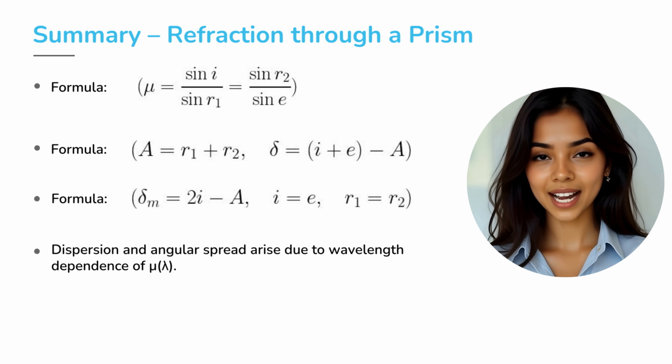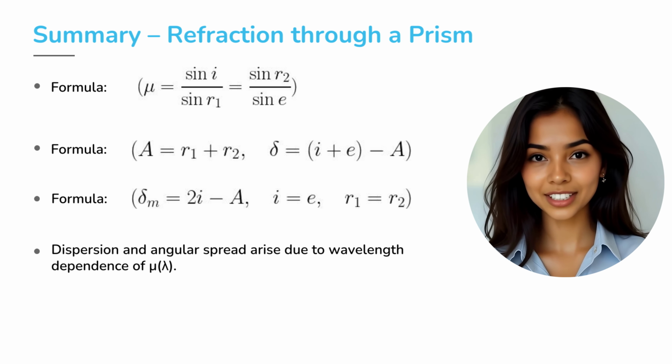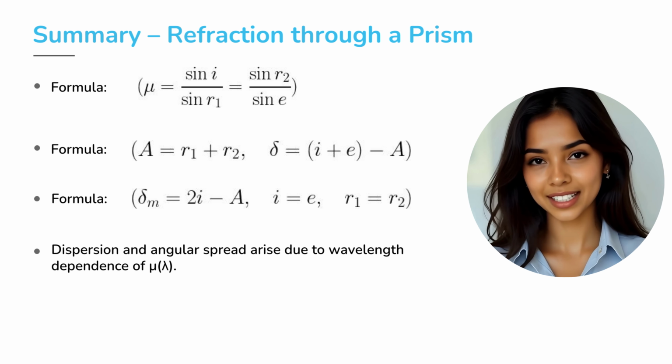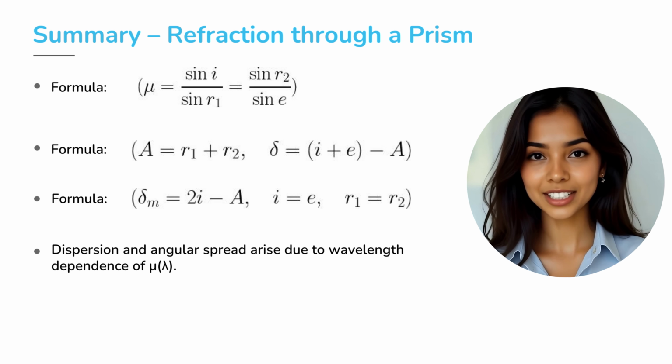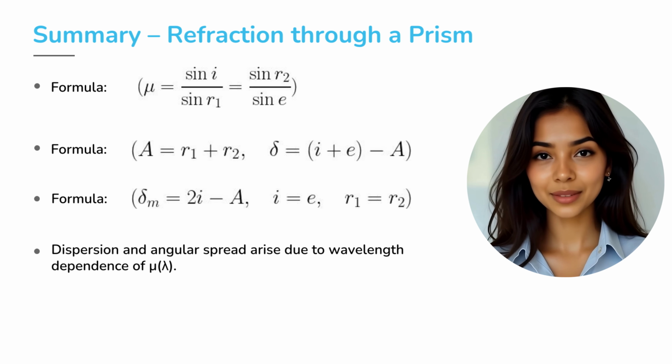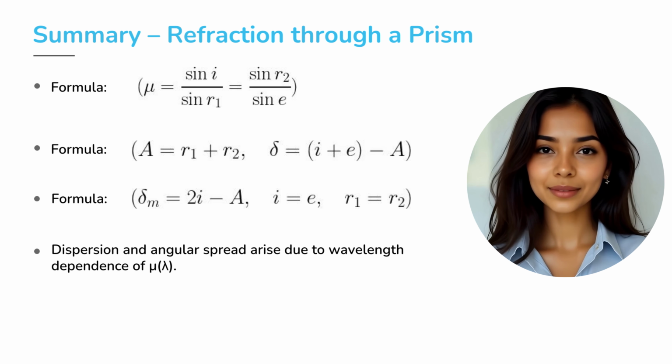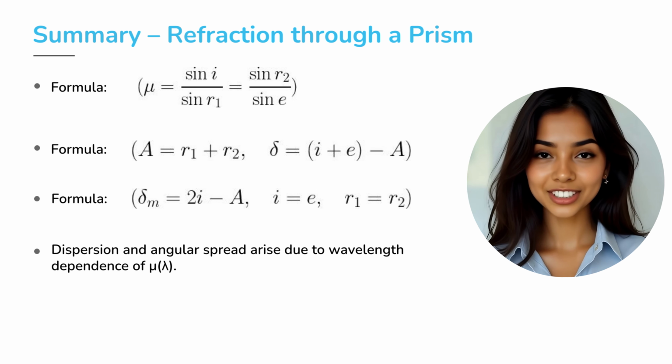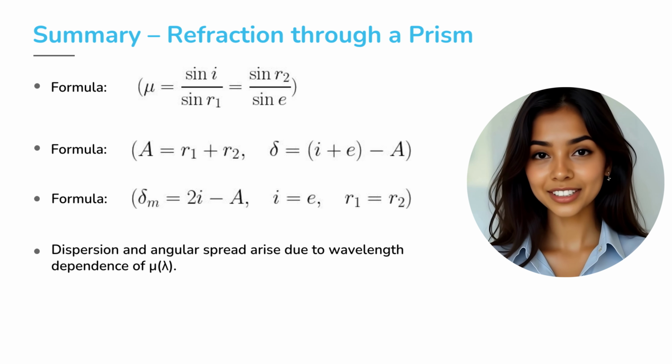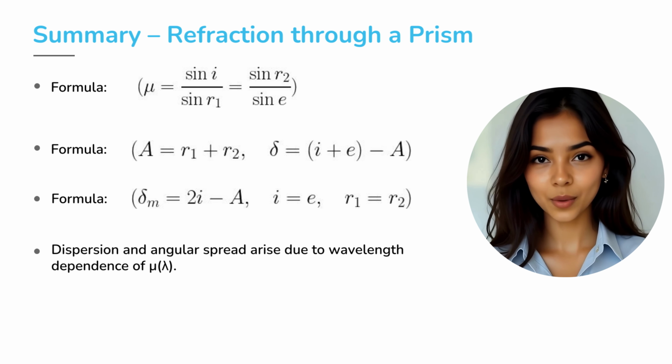The prism angle A is the sum of the two refracted angles inside the prism, A equals r1 plus r2. The total deviation delta, which measures how much the light bends overall, equals the sum of i plus e minus A.